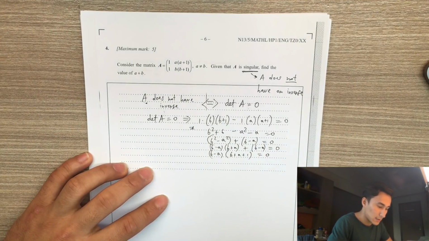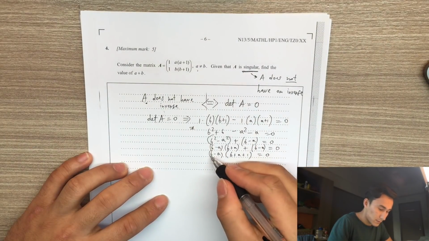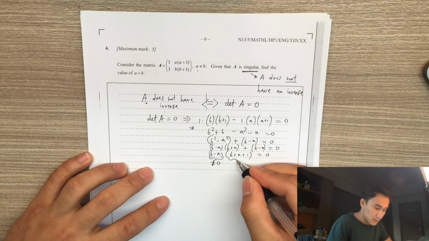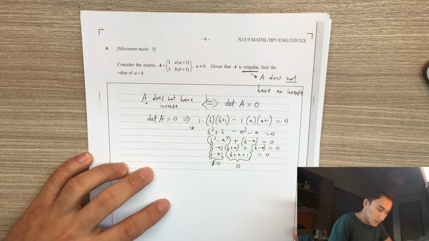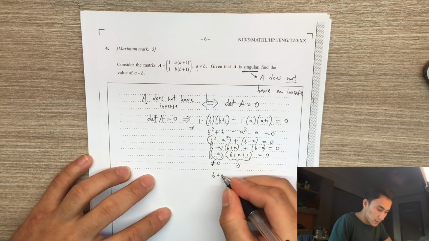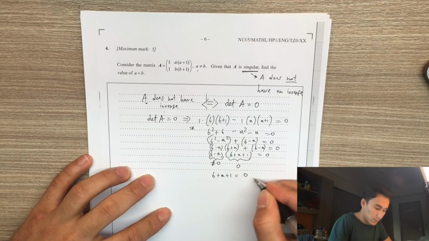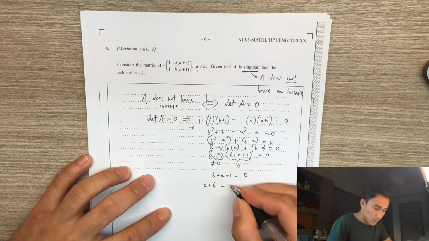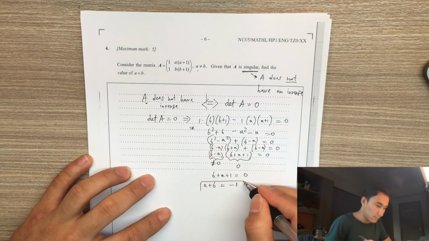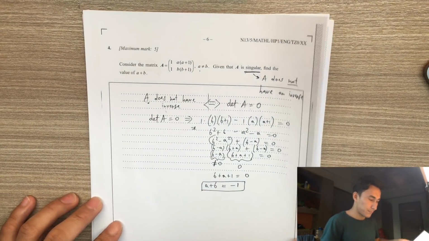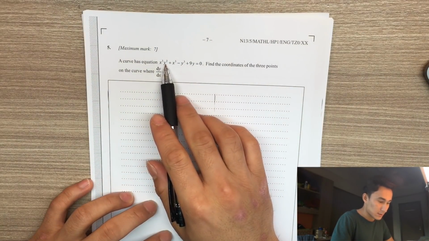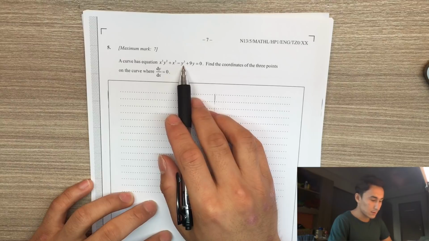Now we know that a is not equal to b, so this term is not equal to 0. So what we have is that this part is 0. Now b plus a plus 1 is equal to 0, and from here we have a plus b is equal to negative 1. Problem solved.